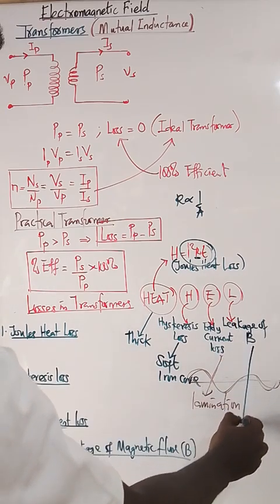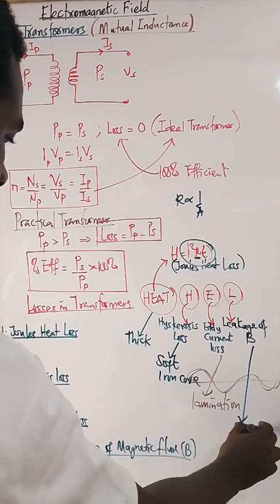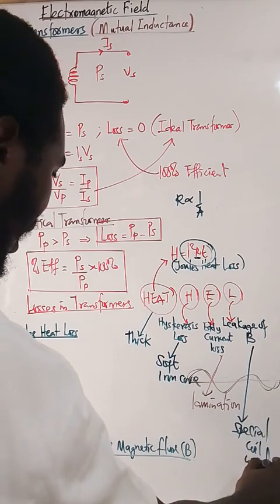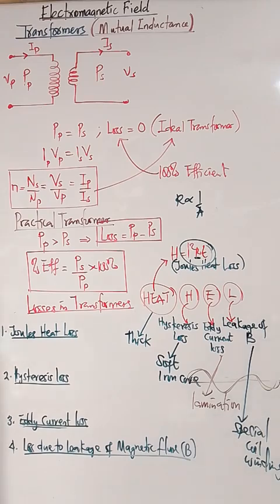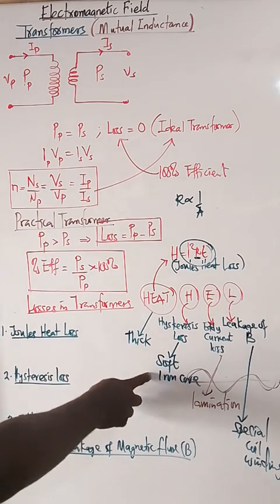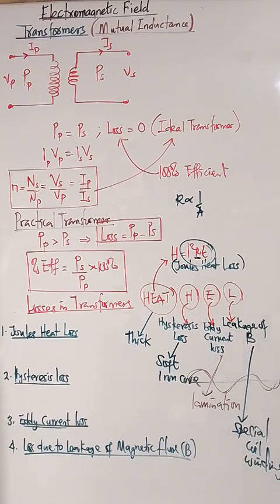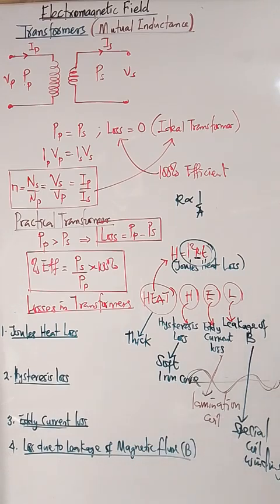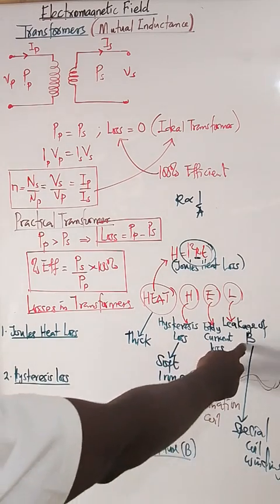So this one we have special coil winding. And these are typical JAMB questions. They can ask you, how can hysteresis loss be reduced? By using the soft iron core. How can we reduce eddy current? By laminating the core. Next, how can we reduce loss due to leakage of magnetic flux?